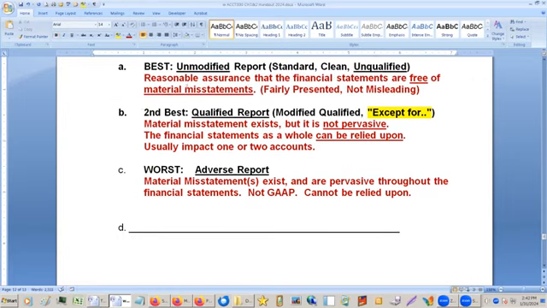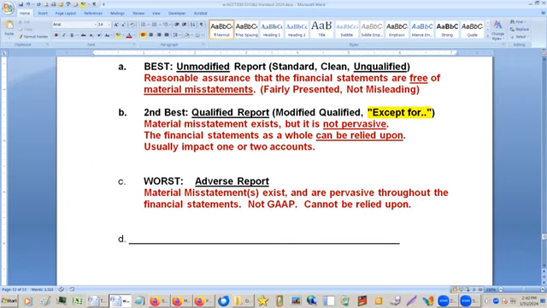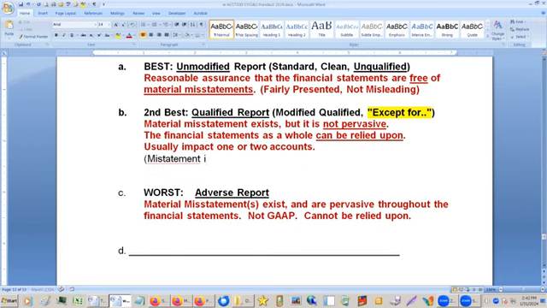Now I want to talk about the similarity between the qualified report and the adverse. For this one, the misstatement is known.